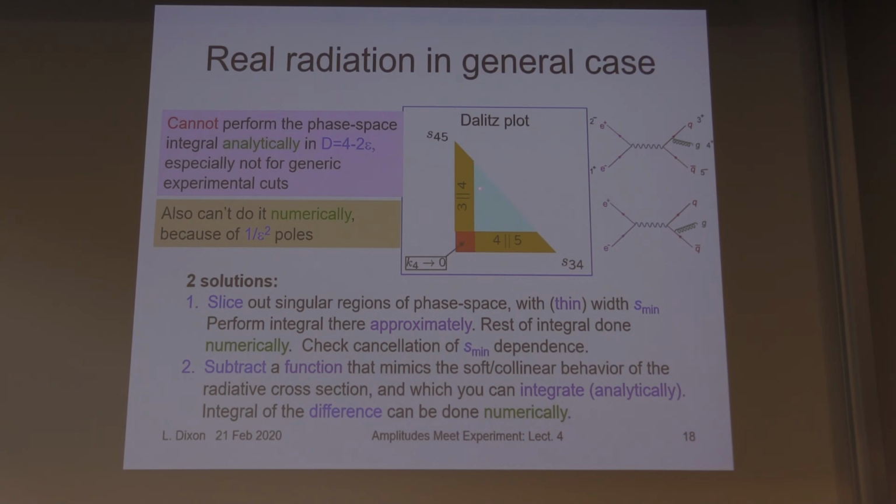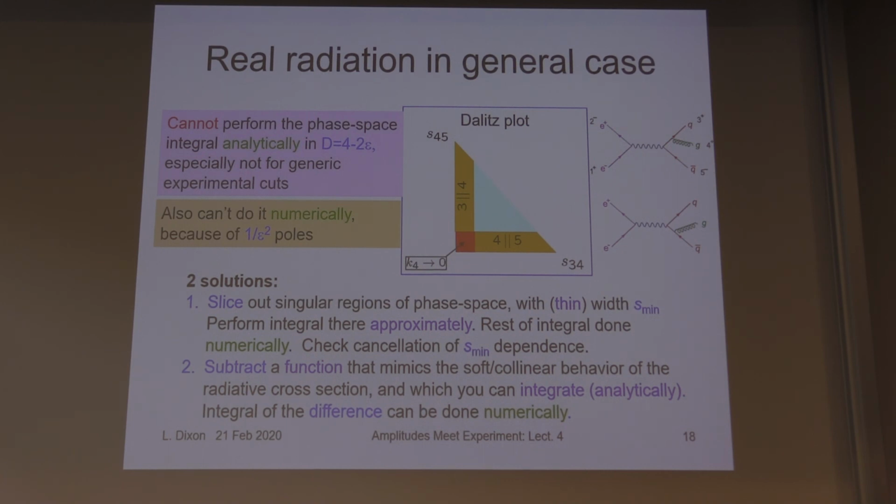We can do it straight in 4 dimensions over this blue part. The only problem is we need to know what these integrals are too. So there is a way to use the factorization of the amplitudes in this region to perform the integral there approximately. And this is one version of it.